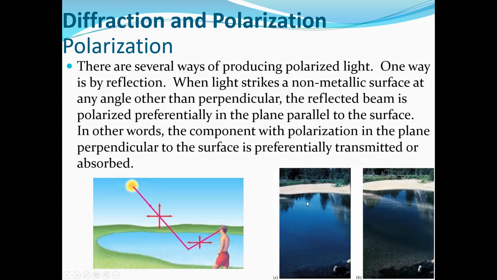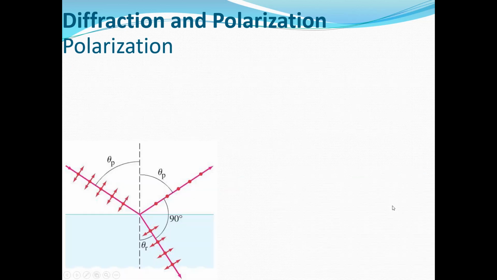So this is what you would normally see as light bounces off of the surface because of the polarized light. If you took a picture of this surface of water with a polarizer that blocks some of that horizontal light, you'll get rid of a lot of that excess glare, and you'll be able to see a lot more about what's going on underneath the surface.